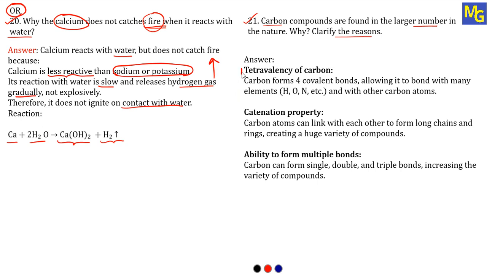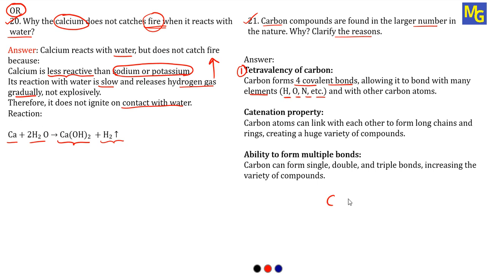The first one is tetravalency of carbon. So what is the valency of carbon? It is 4. Therefore it is called tetravalency. Carbon forms 4 covalent bonds, allowing it to bond with many elements such as hydrogen, oxygen, nitrogen, etc., and with other carbon atoms.